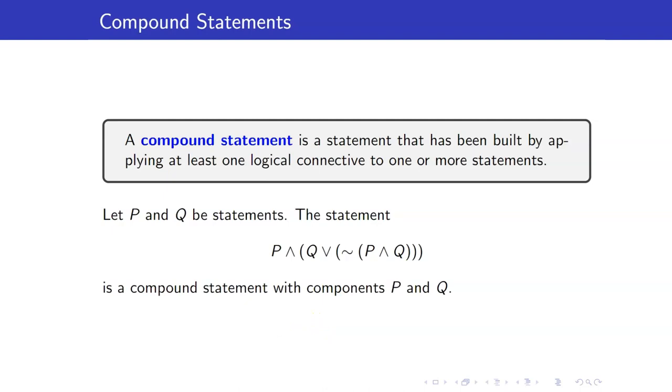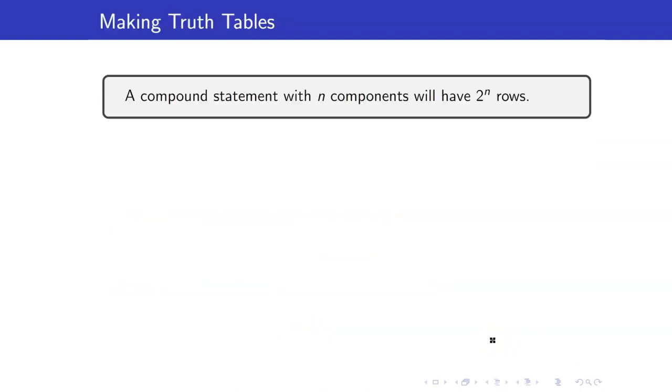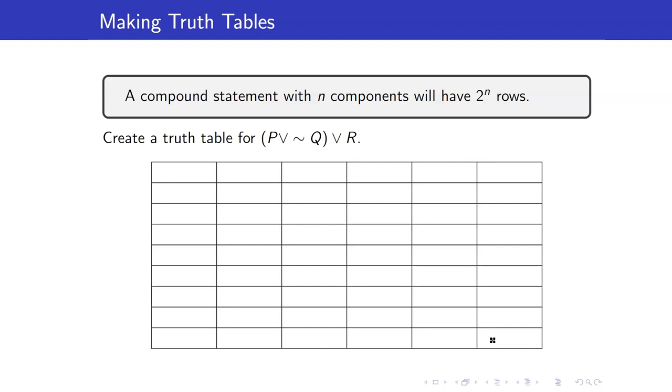We will end this lesson by making truth tables. Let us recall that a compound statement with n components will have 2 to the n rows. Let us create a truth table for P or not Q or R. So what are the columns? Of course, we have the components P, Q, R. And then we have not Q here.